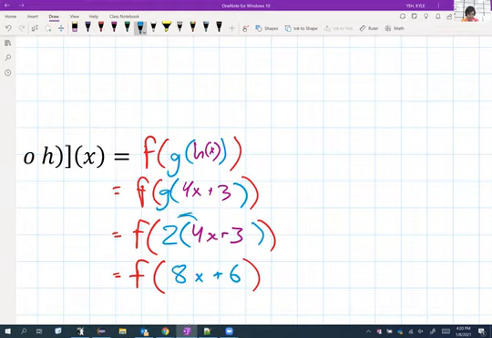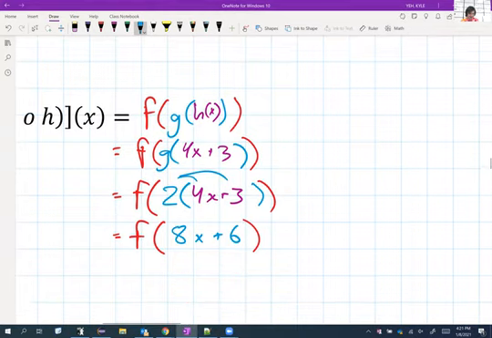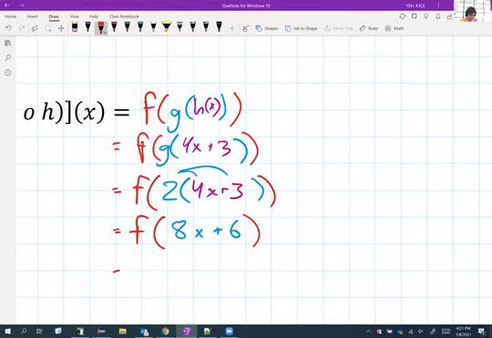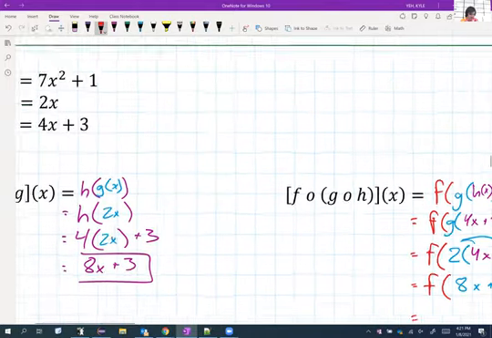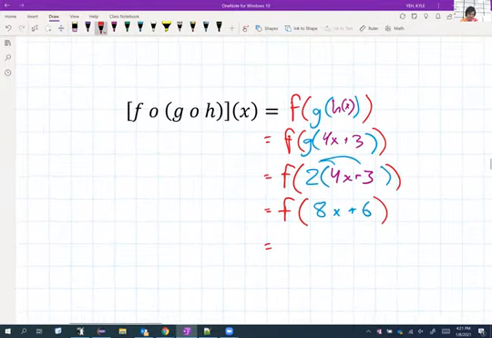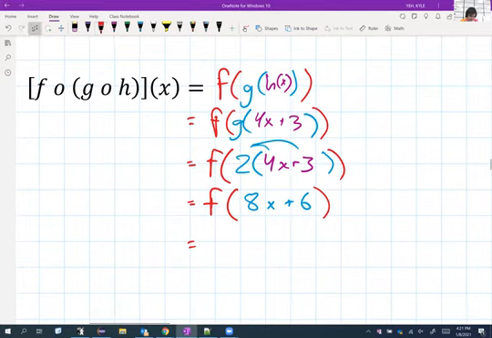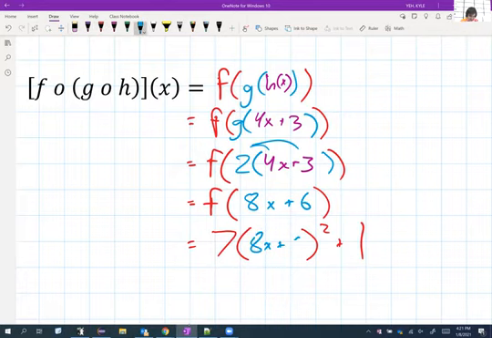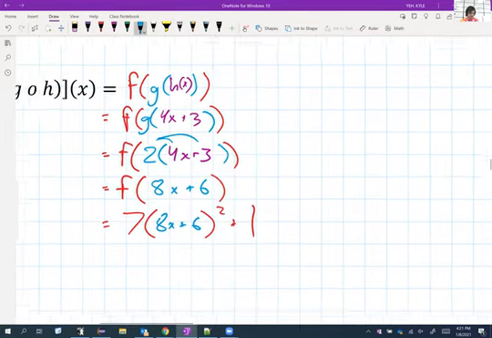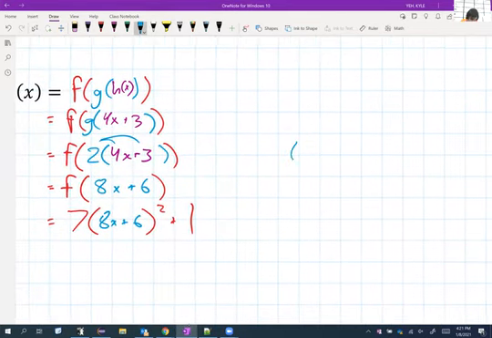Cool. So now I'm looking for f of 8x plus 6. Well, my f function was 7x squared plus 1. So 7 times whatever I'm plugging in squared plus 1. 8x plus 6. Okay, so a little bit of arithmetic here. I'm going to take care of that squared first.